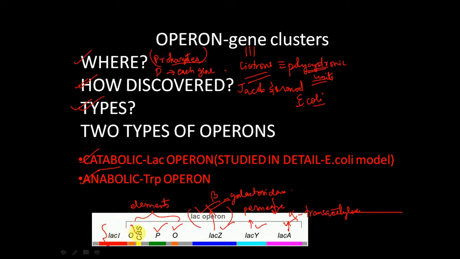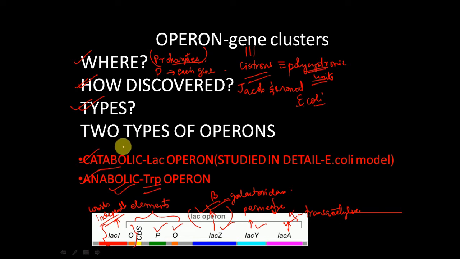This unit of Lac I and O functions independently to produce a repressor or an inhibitor which can regulate the switching on or off of the Lac Operon. Coming back to the types of the catabolic and the anabolic operons, an example of an anabolic operon will be the tryptophan operon.